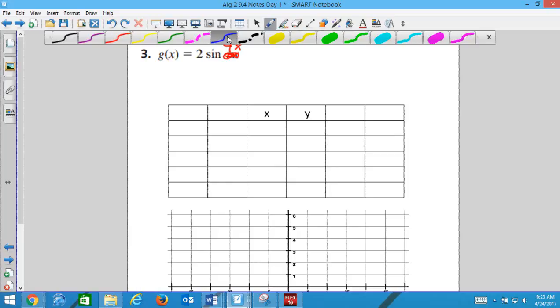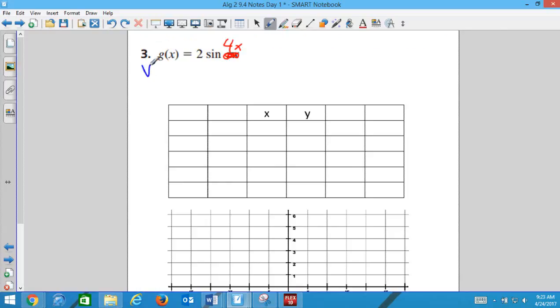Let's talk about transformation first. What does the 2 do? It's going to be a vertical stretch by a factor of 2. That means we're going to take our y's and multiply by 2.